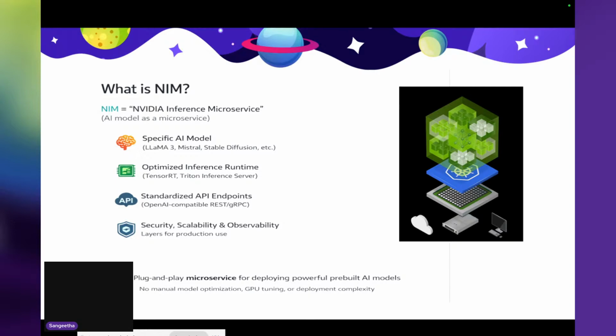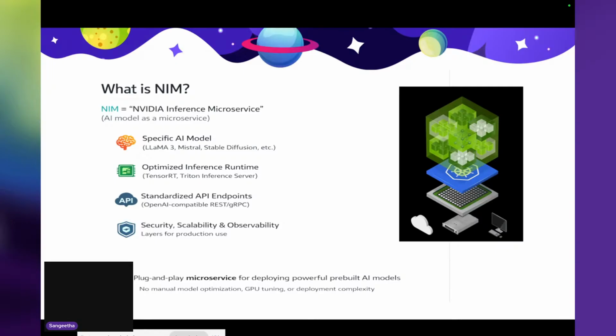It provides a plug and play architecture for deploying pre-built AI models like Llama, Mistral, and so on. NIM removes the challenges of manual model optimization and GPU tuning by providing standardized API endpoints, all within an optimized inference runtime like TensorRT, which is the optimization engine.